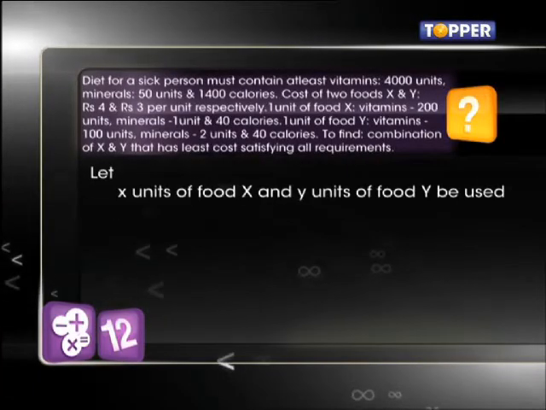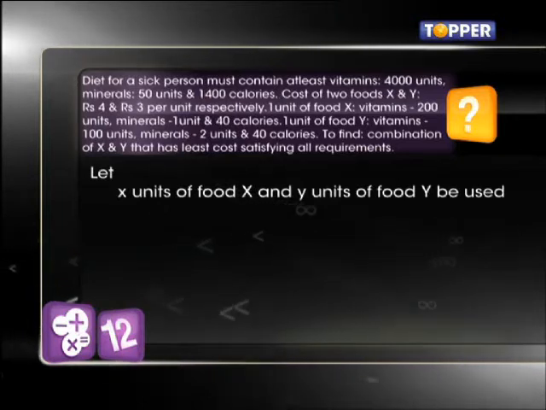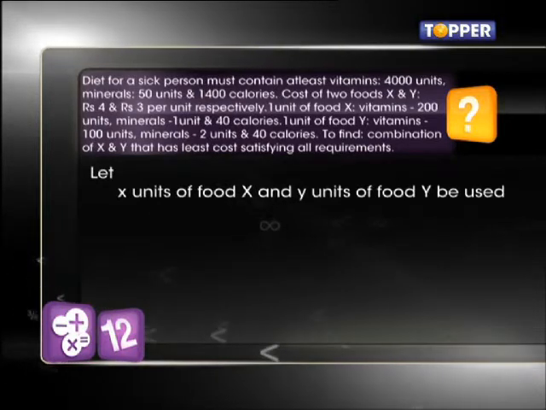So, let x units of food X and y units of food Y be used.